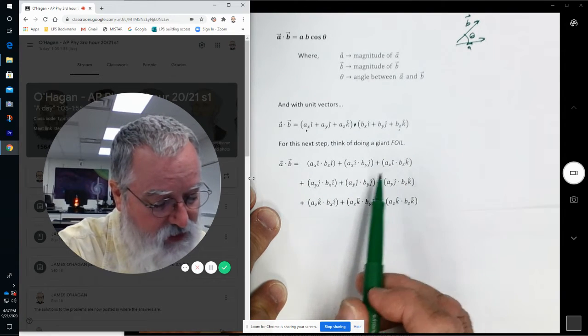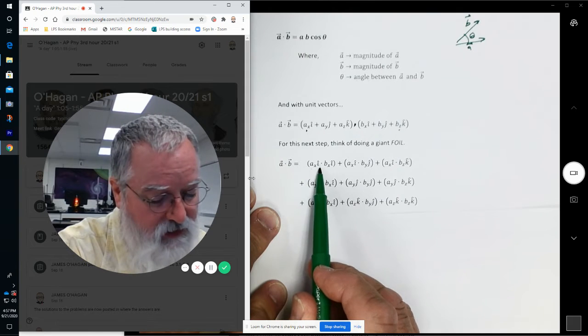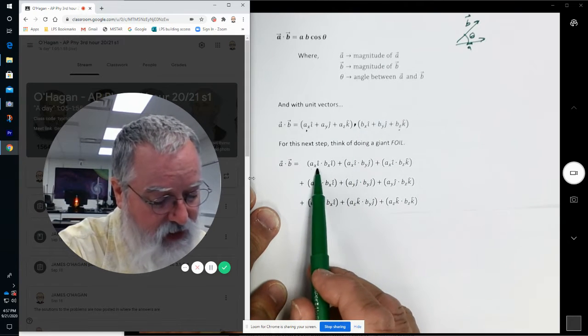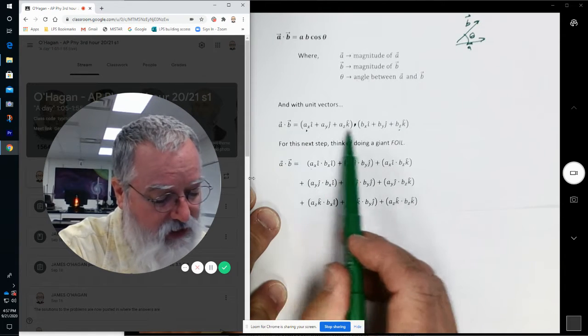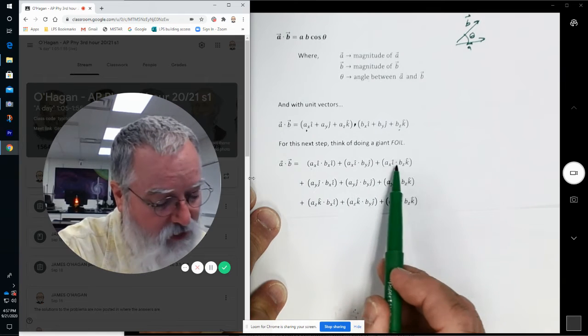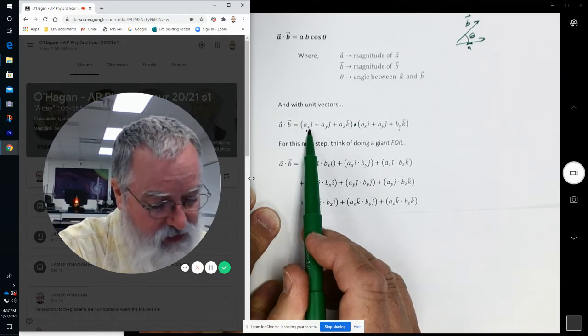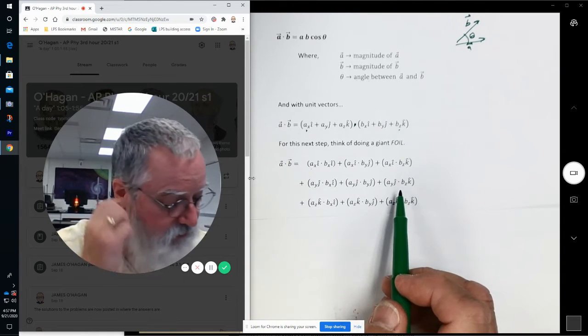That's this line here. So AX i dot BX i. The second term is AX i dot BY j. The third term, I'm still with the AX in the i direction, and I'm going to dot that with BZ in the k direction.